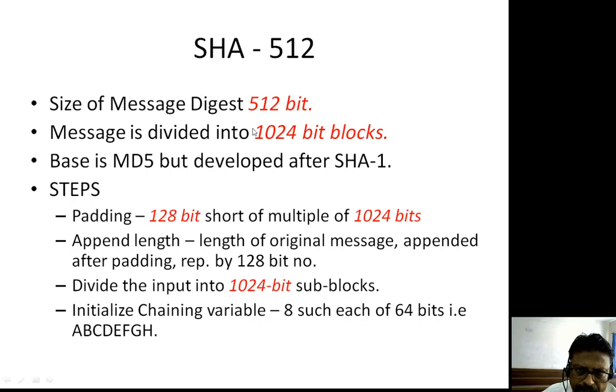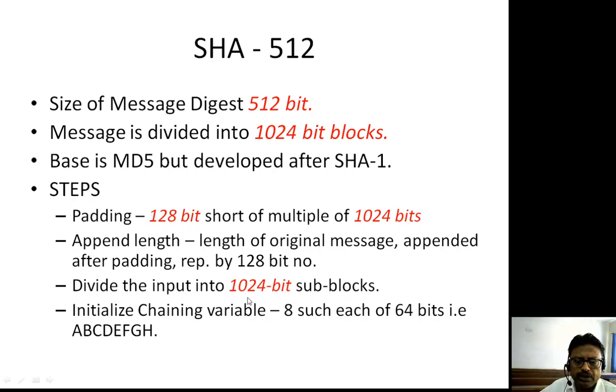In MD5 and SHA1, padding is done 64 bit less than a multiple of 512 bit. But in this case, padding is done 128 bit short of a multiple of 1024 bit. And then we append the length, adding 128 bit to the original message.